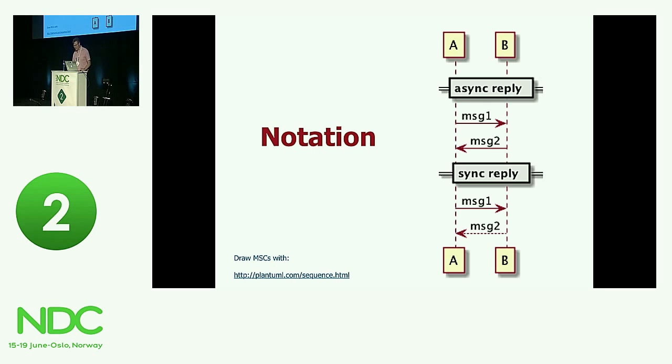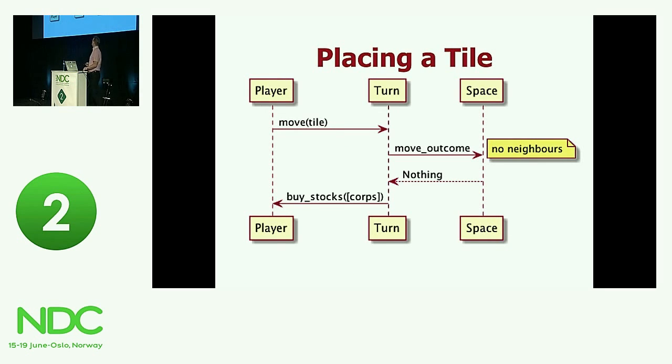So let's place a tile. Here we have a player. He wants to play a tile, so he sends the message move with a given tile to the turn. The turn is actually also a process, taking care of everything that is involved in doing one move by the player.